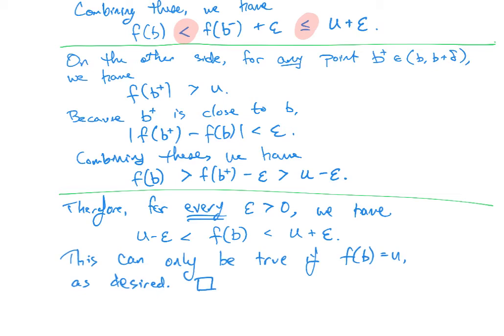Okay, any other questions? I have a quick question. So how do we know that b plus delta does actually exist? Like there actually is a point between b and b plus delta? Because delta is positive. Okay.